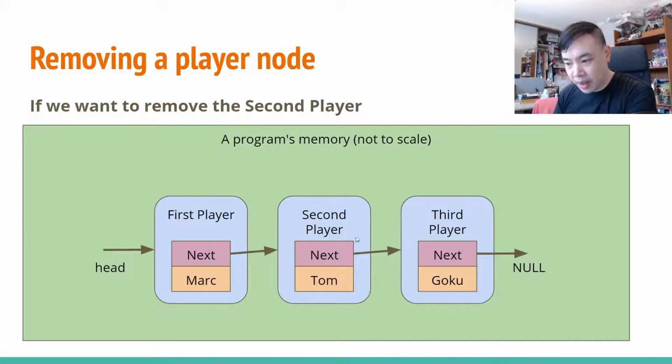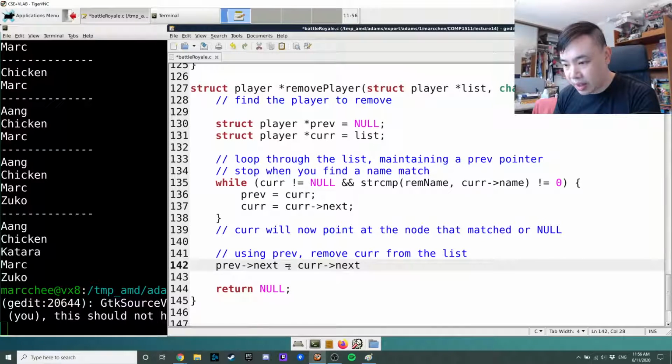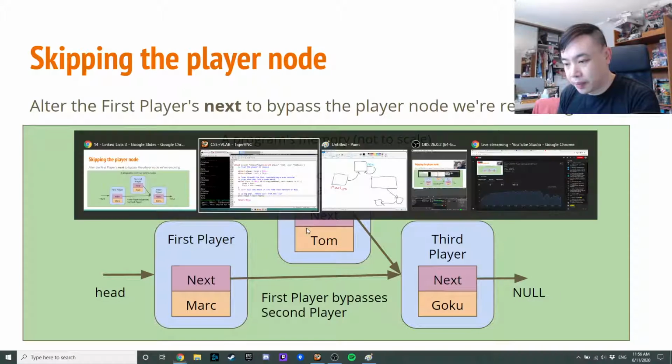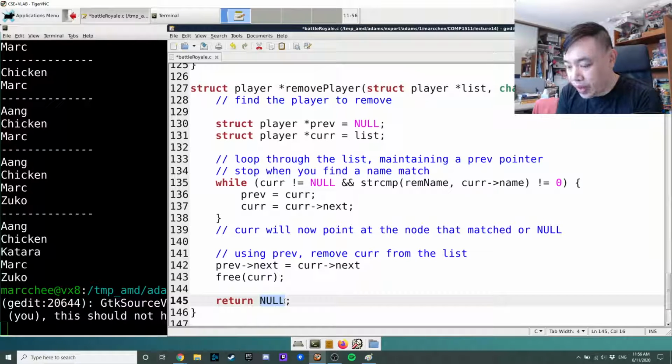So I go from here, and I've identified this one as the current, and this one as the previous, and I say this next skips this one by saying, I'm going to copy your next, so I'm going to point first player at third player here. That's this line of code. That does this, and then after that we're going to free the second player. So we're going to free the current, and at that point we can return the head of the list.